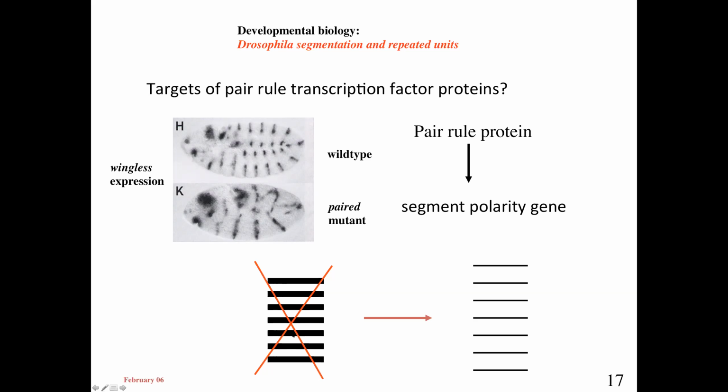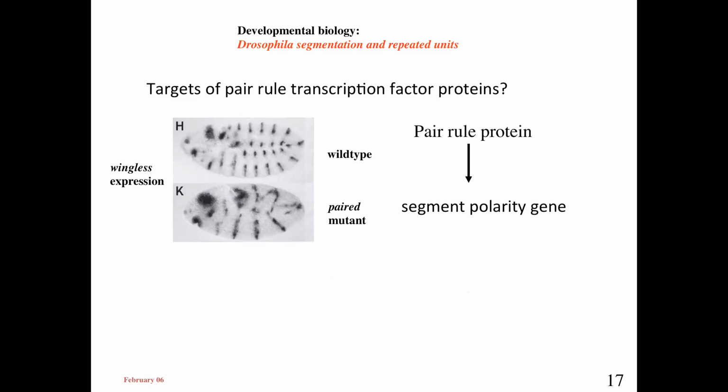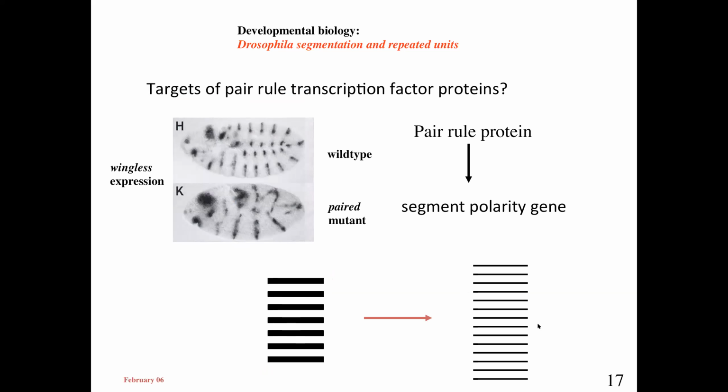Each of them controls one stripe, and the 14 stripes that are seen of all the segment polarity genes are an outcome of reading all the different pair rule protein expression. Yeah.